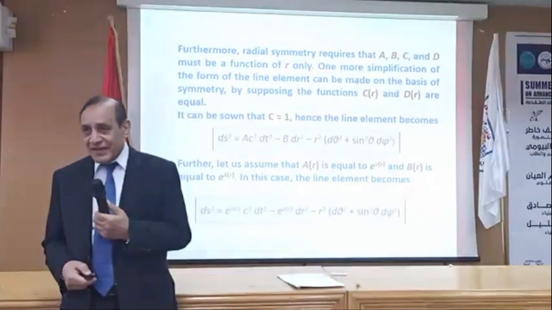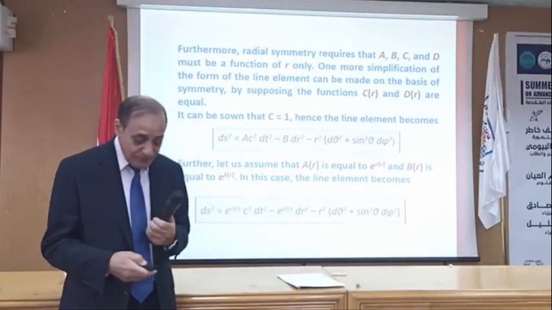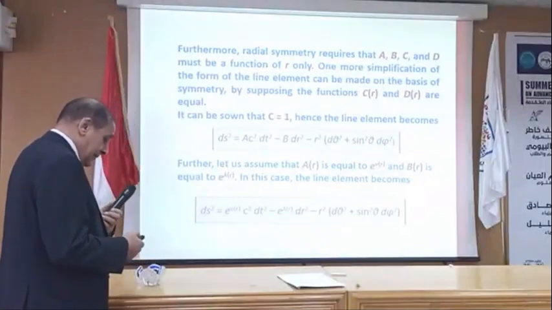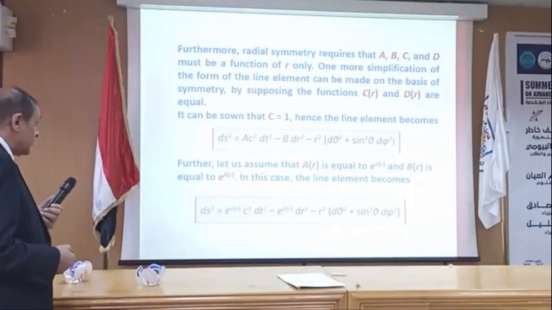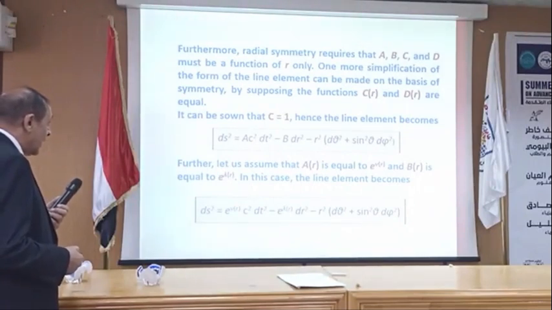But there's a long way to do this. The question is, what kind of function would I suggest for A and B? I said A is a function of r and B is a function of r.